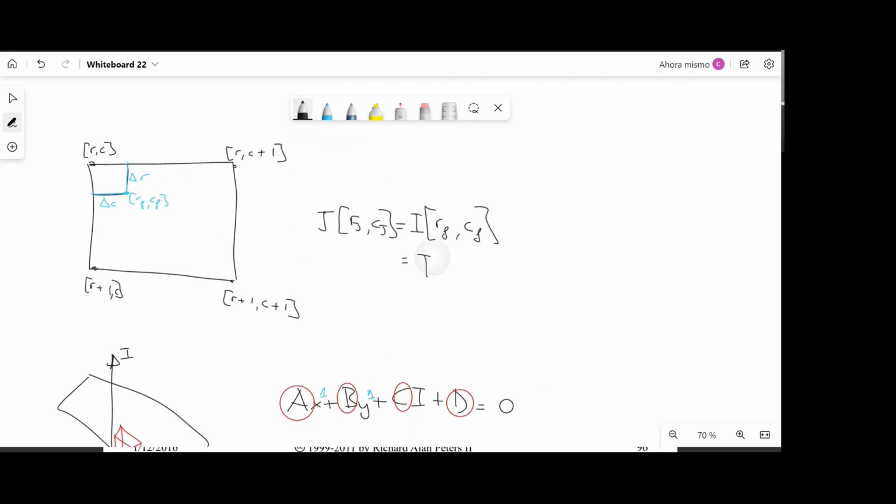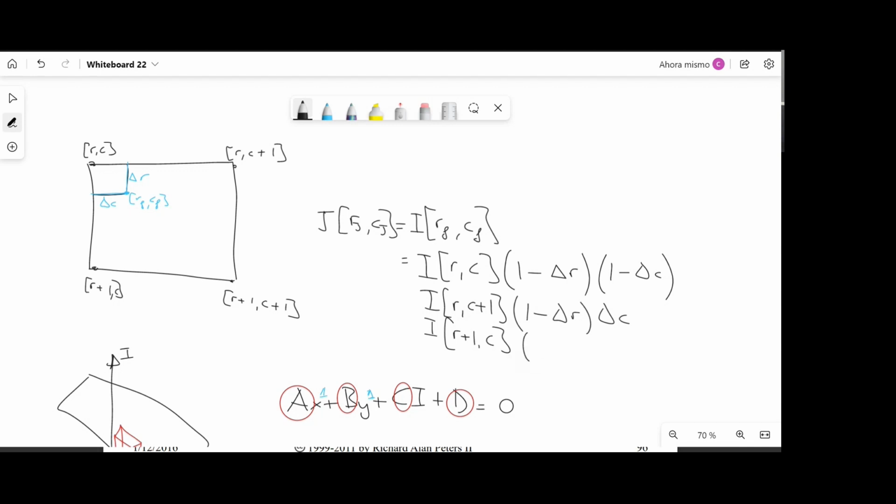So will be I(R, C) times 1 minus delta R, 1 minus delta C. Plus I(R, C plus 1) times 1 minus delta R, delta C. Plus I(R plus 1, C) times delta R, 1 minus delta C. And I(R plus 1, C plus 1) times delta R, delta C. And after the break, we will see why.